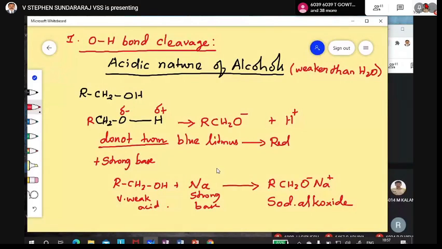We are going to compare the acid strength, which is the stronger acid and which is the weaker acid. That time, the conjugate base will help. Acid stronger means the conjugate base will be weaker.